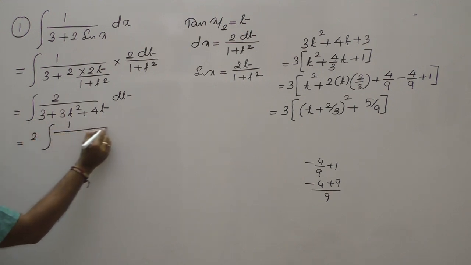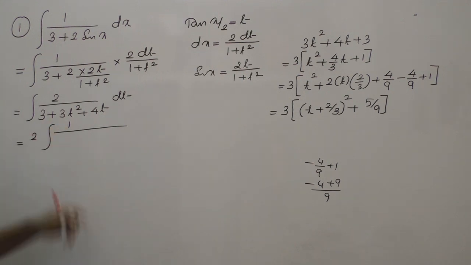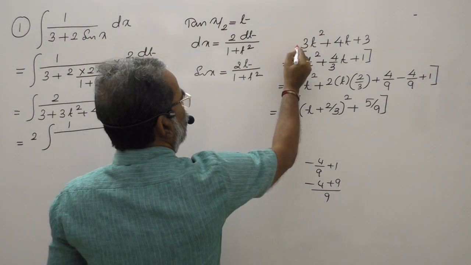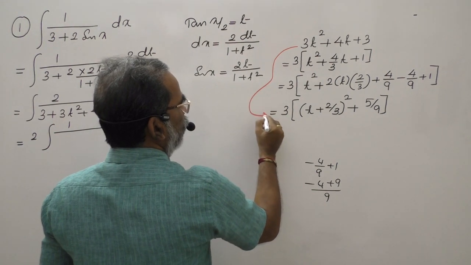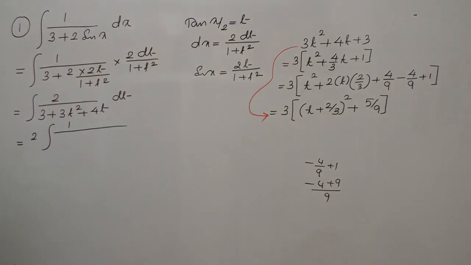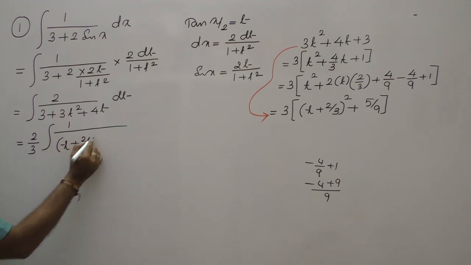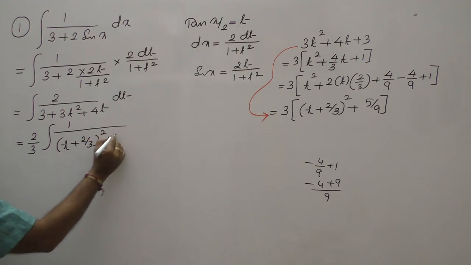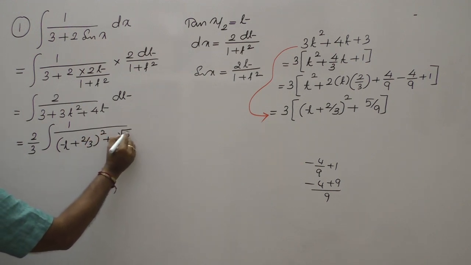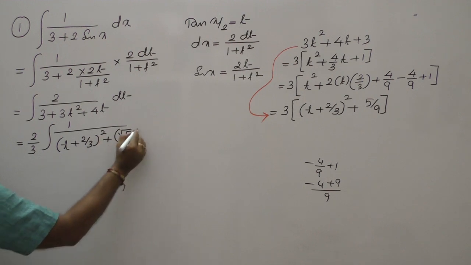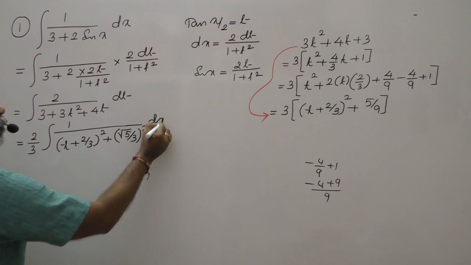We have 1 divided by this, 3t square plus 4t plus 3 can be written as this. Here also 3 is a constant in the denominator, I wrote it outside. What is there now? (t plus 2 by 3) whole square plus 5 by 9, that is root 5 by 3 whole square, into dx.